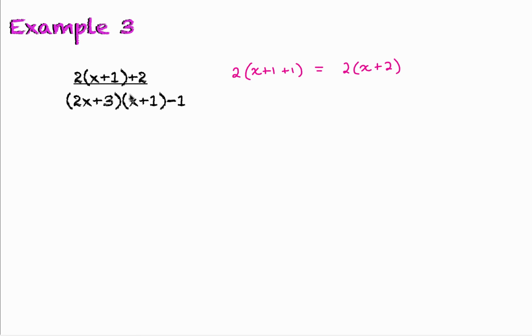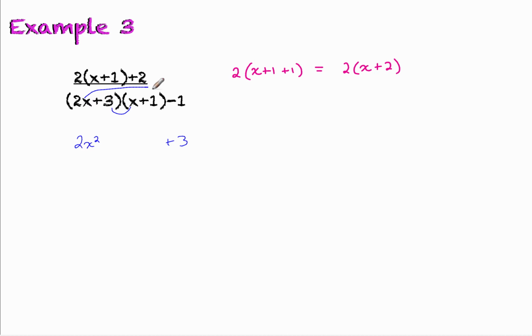The bottom, well, that can get cleaned up also. No shortcut here. I'm going to have to double distribute this out. 2x squared is the lead, plus 3 is the last, and hopefully in your brain by now, you're able to find that middle term very quickly by doing your bridges and tunnels.